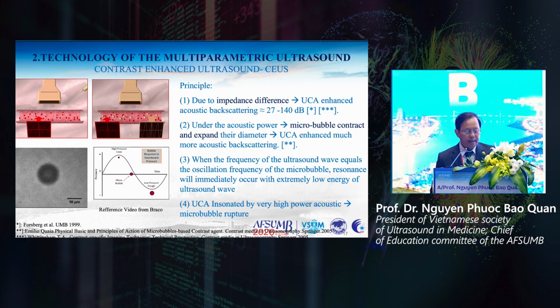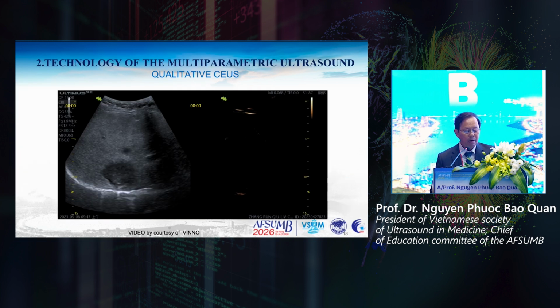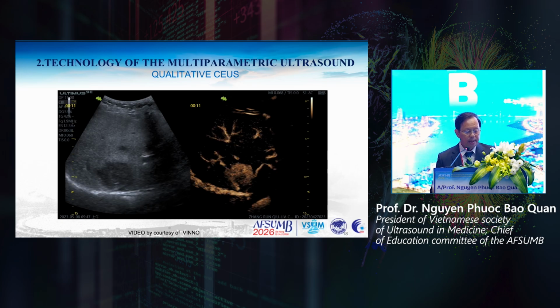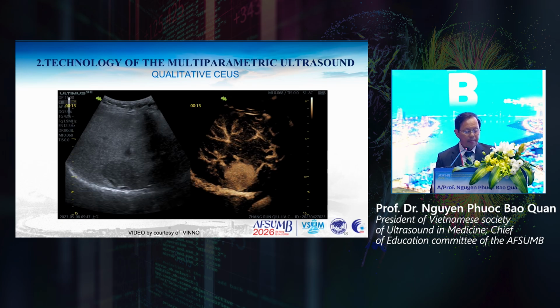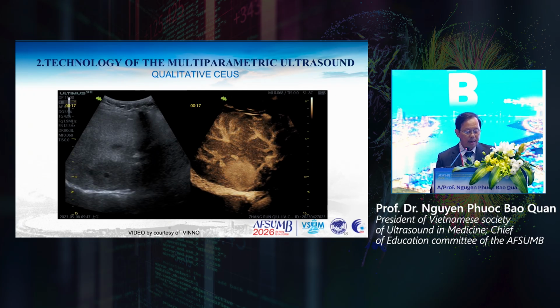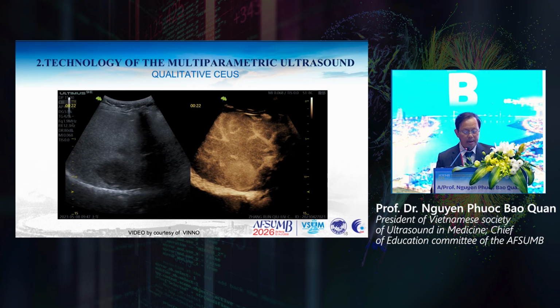Another technique of multiparametric ultrasound is CEUS, based on the oscillation of microbubbles in the ultrasound field. With CEUS, we can inject the ultrasound contrast agent into a vein and get hemodynamic and vascularization information of the lesion in the liver.